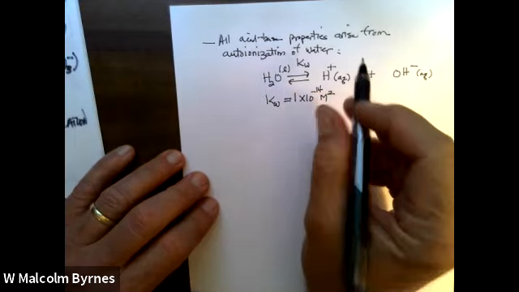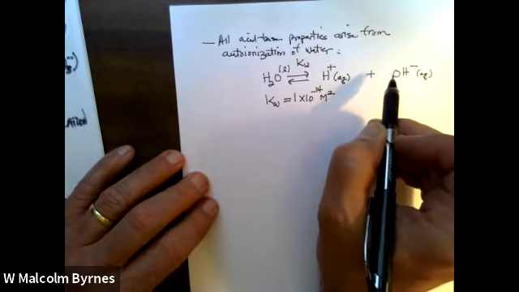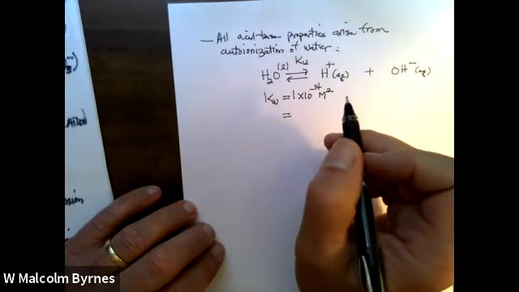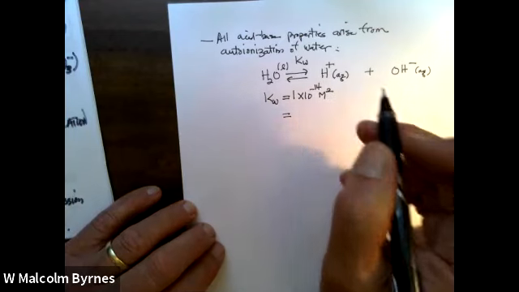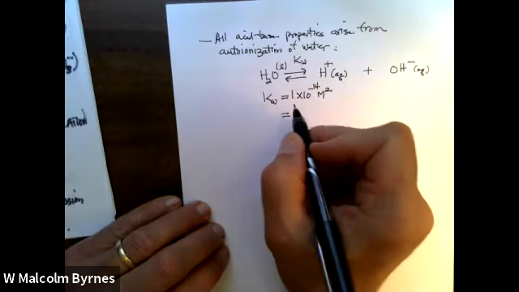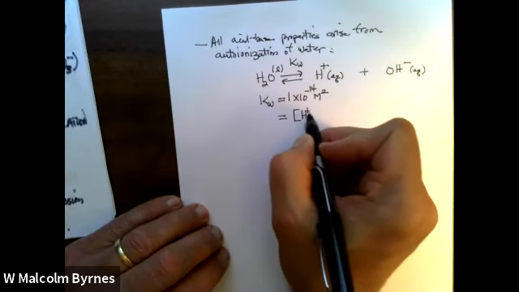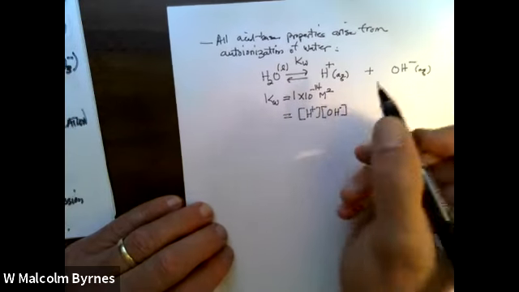It's the equilibrium constant for this autoionization, okay? And we can write what's known as the ion product constant expression as well, where K sub W is equal to the concentration of hydrogen ions times the concentration of hydroxide ions.